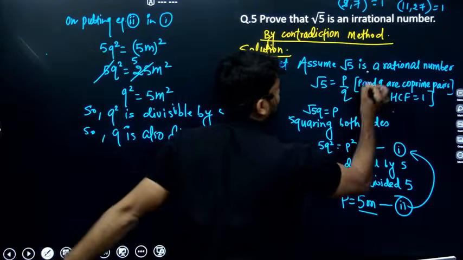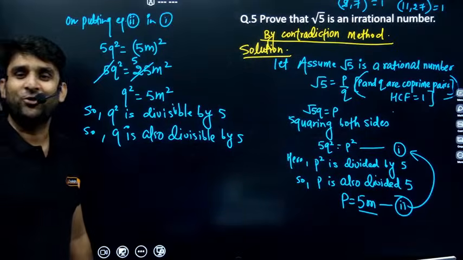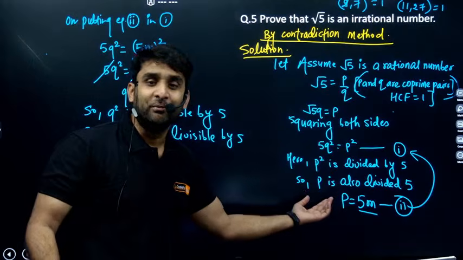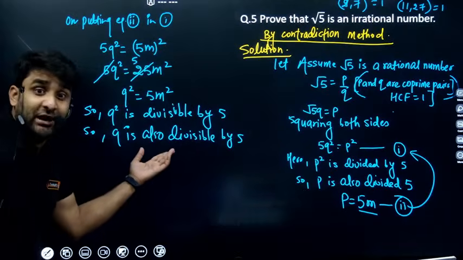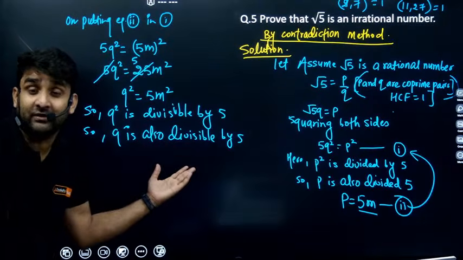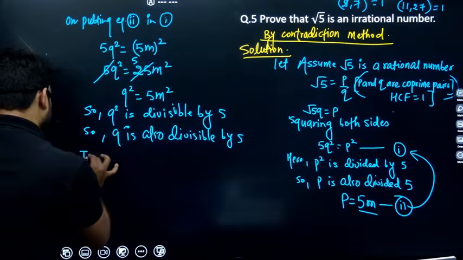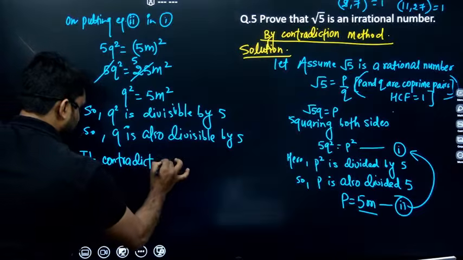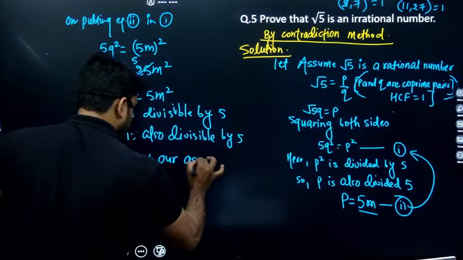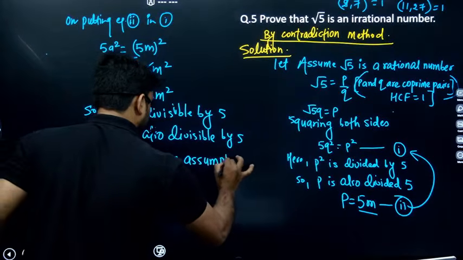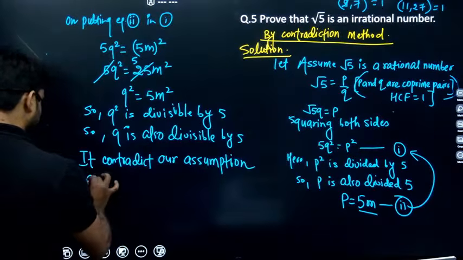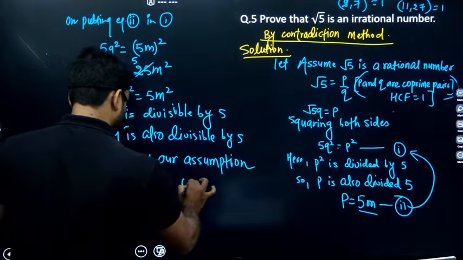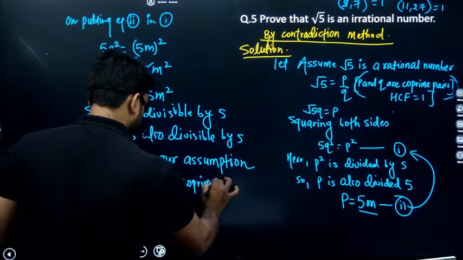And what was our assumption? P and Q are co-prime numbers, so they can be divided by only one. But what we have proved is P is divided by 5 and Q is divided by 5. One more factor. So it contradicts our assumption that P and Q are co-prime numbers.